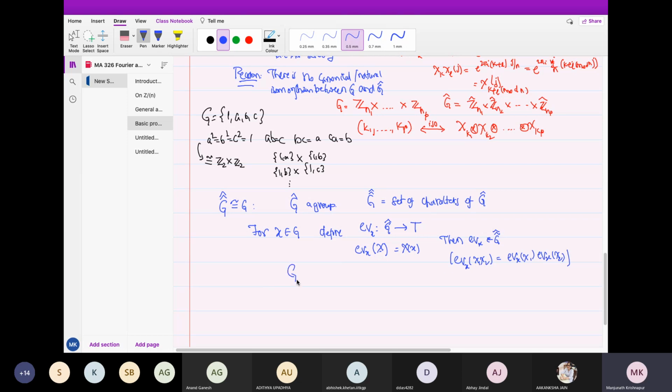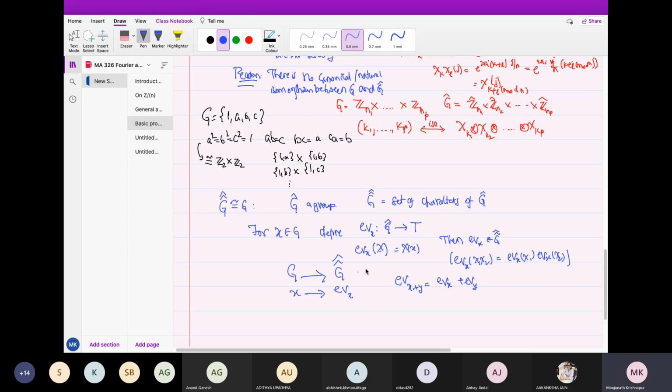So we have this map now from G to G double hat, which takes x to the evaluation map EV_x in G double hat. Each EV_x is in G double hat, but also evaluation of x plus y is evaluation x plus evaluation y.